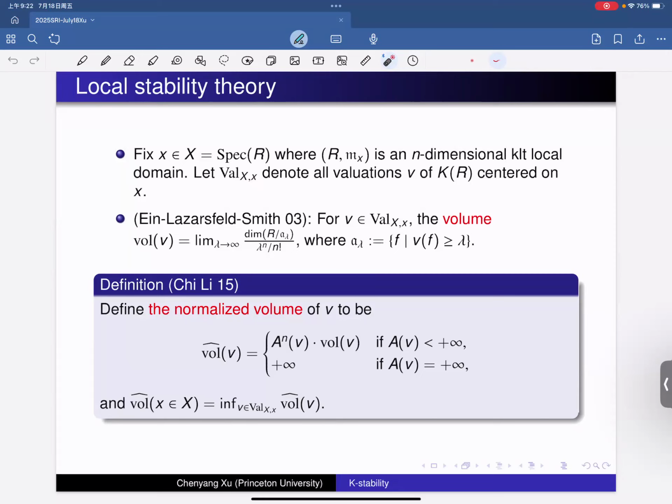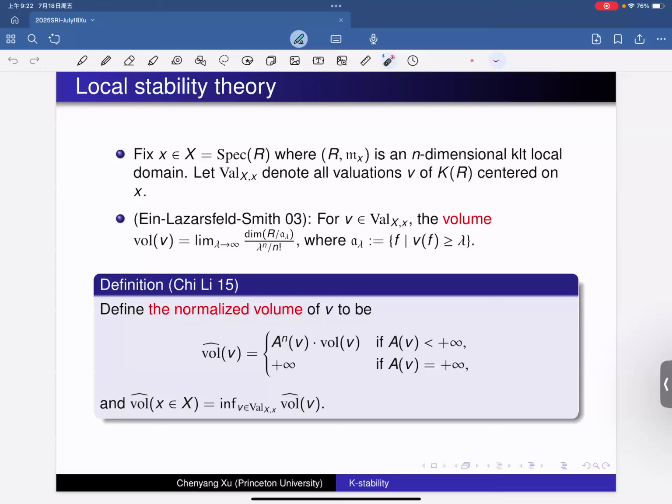A while ago, Lazarsfeld and Smith defined a notion called the volume of this. For any valuation, you just look at the valuative ideal, and then you let this lambda, this value, go to infinity, and you calculate the limit of this number. That's just the volume. You usually say that if you scale your valuation v by lambda v, then the volume goes to the 1 over lambda power 2n.